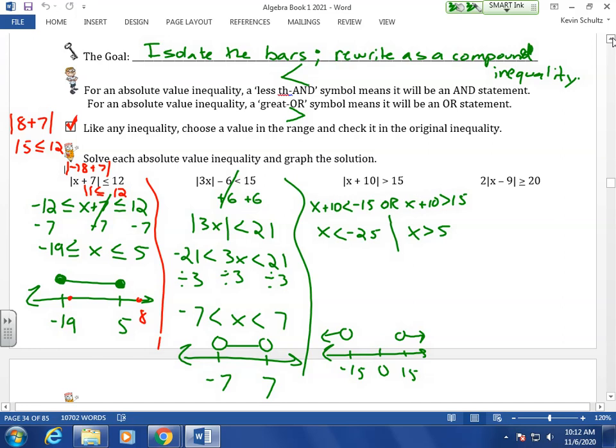So what this means is that any number that is less than negative 25 or greater than positive 5, because it can't be both, okay? But any number within those ranges, when you add 10 to it, it'll be further than 15 from 0. So our solution graph looks like this: negative 25, positive 5, open circle going left, open circle going right.